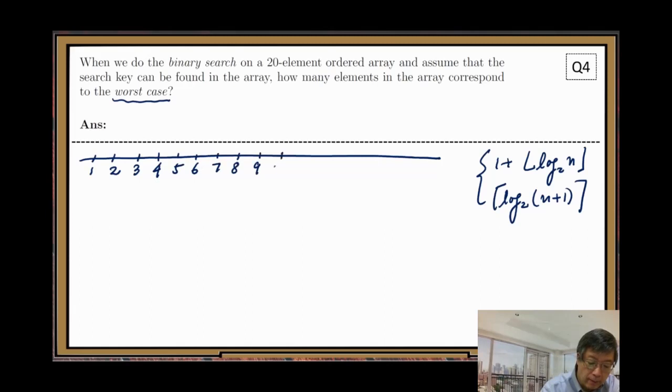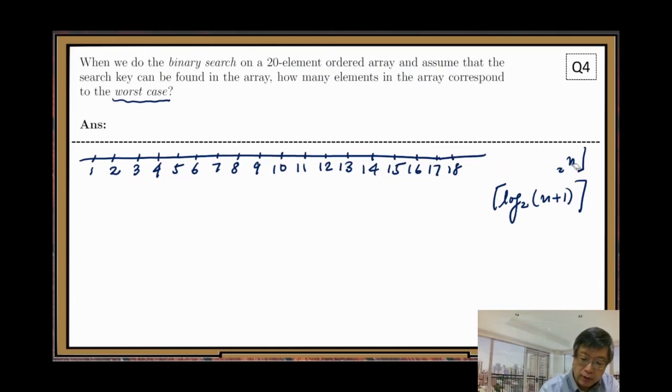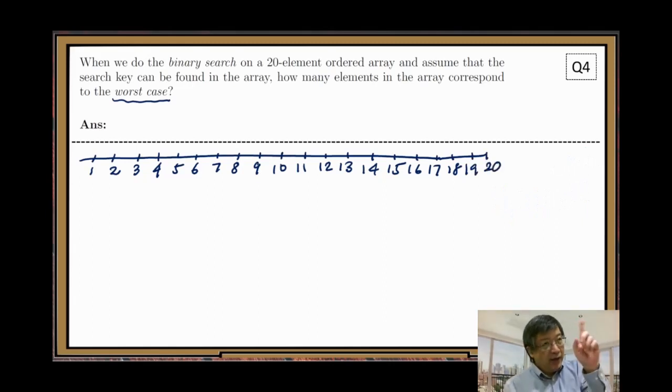Then we draw the binary tree corresponding to this array. We do not use this formula here, so let me remove it. Last one, 20. Now, let us draw the binary tree carefully.